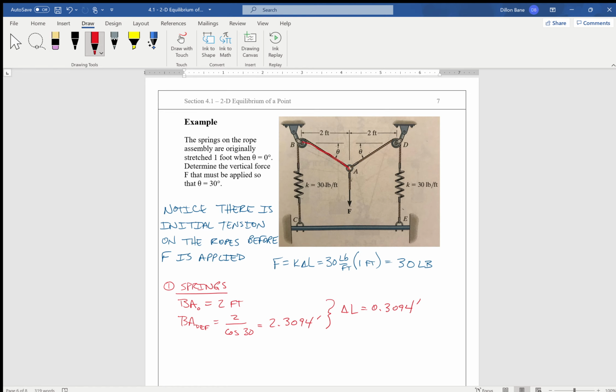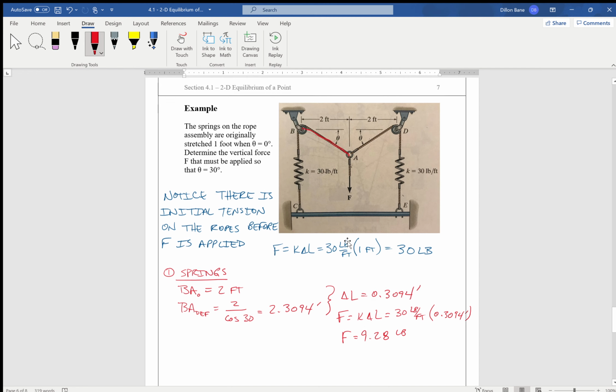So the force in the spring is F equal to K times delta L. K is 30 pounds per foot. It stretched by 0.3094 feet. And we find that the force in the springs from F comes out to be 9.28 pounds. Okay, so that's the force in the springs.